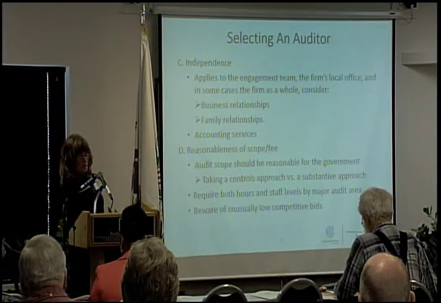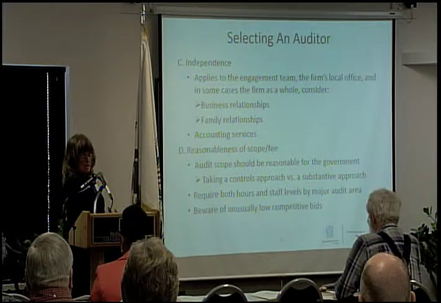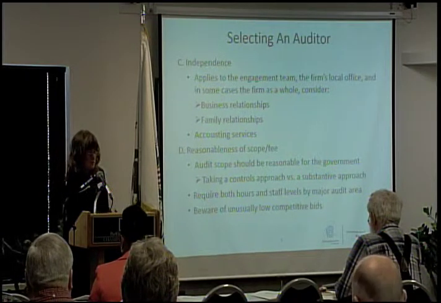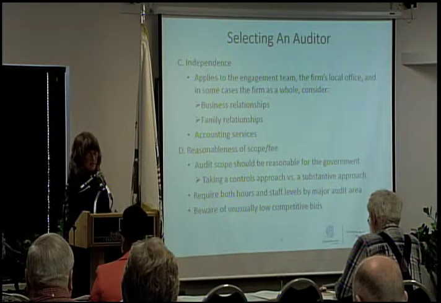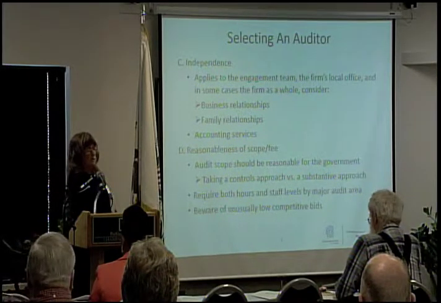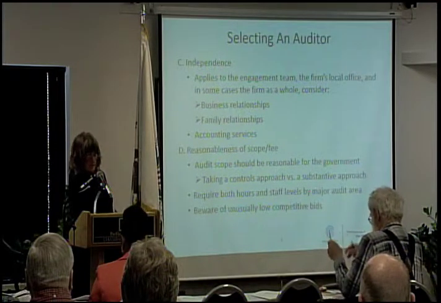If the controls are not reliable or non-existent, the auditor must perform substantive testing to determine if the financial statement numbers are free of material misstatement. So a lot of times they may assess your internal controls to see if they can rely on them, or if they must do substantive testing.